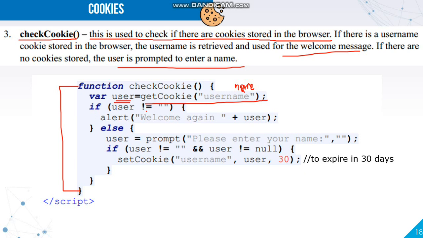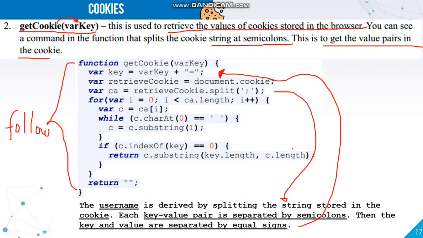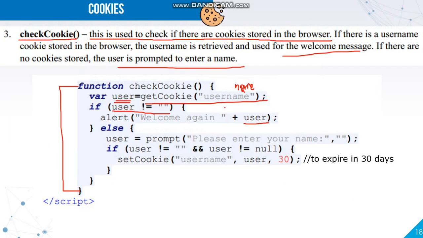And then our if statement: if it's not equal to blank, we're going to welcome the user with the particular cookie. In this case, the saved value that we have used is username. So you're going to welcome the username if it's already set in your browser.